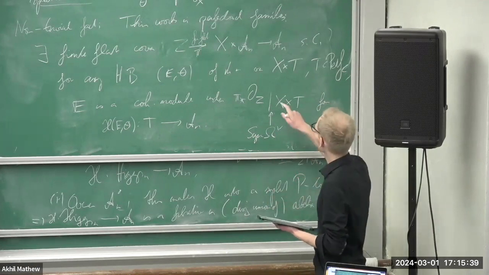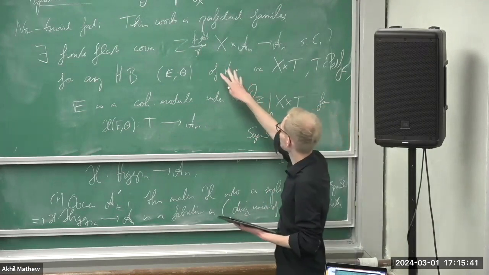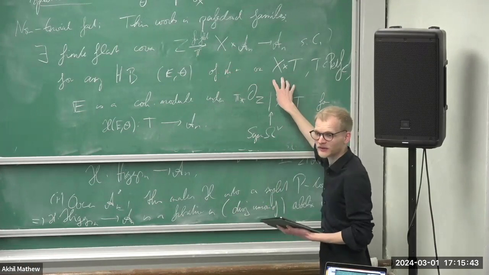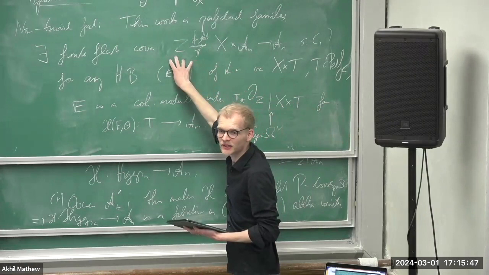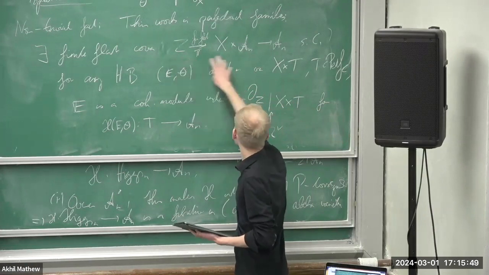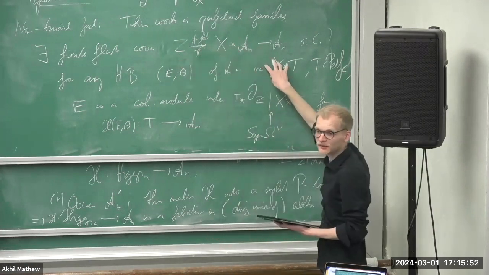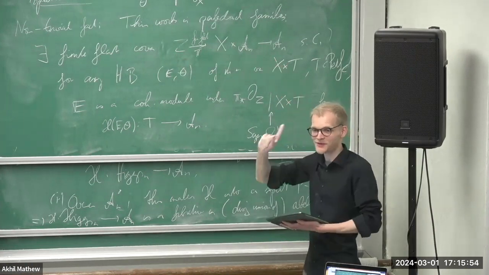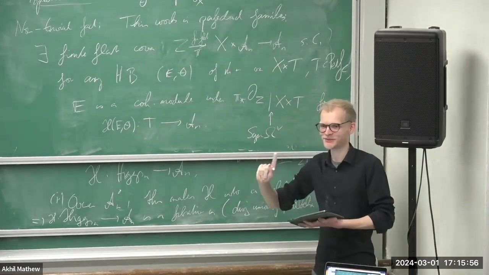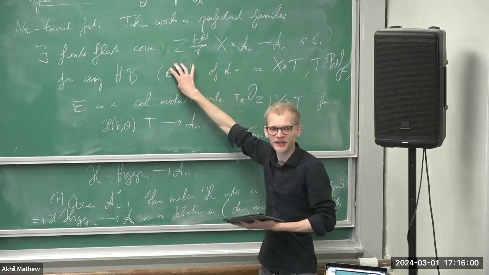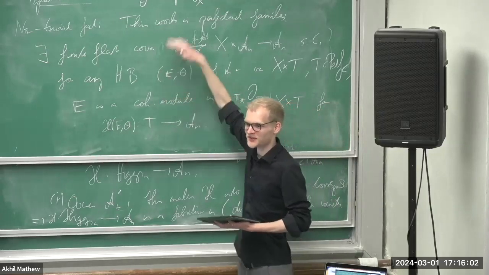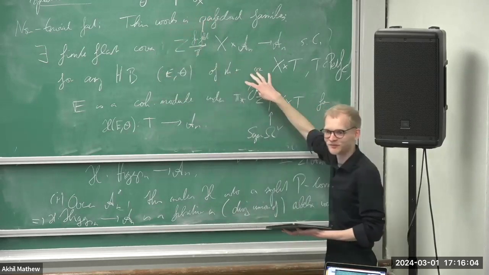Namely, one could hope that it is true in general that if I take a B vector bundle here, then I can find, maybe over the regular locus, a B line bundle here, such that this vector bundle is the pushforward of this line bundle. And then I have a strategy for constructing the correspondence, right? Because what I need to do now is I have a line bundle. For line bundles, I know what to do: I go from the B line bundle to the associated Higgs bundle and then push down.